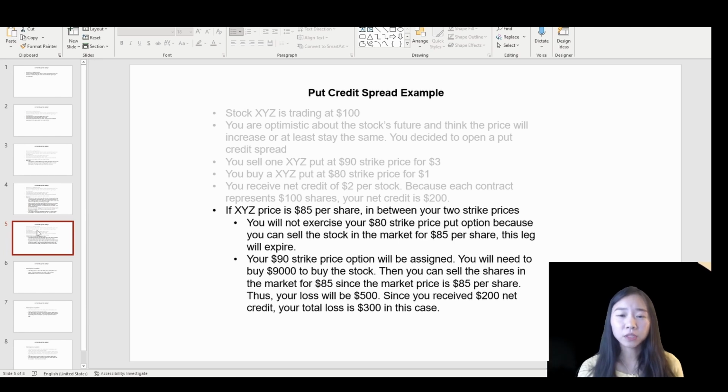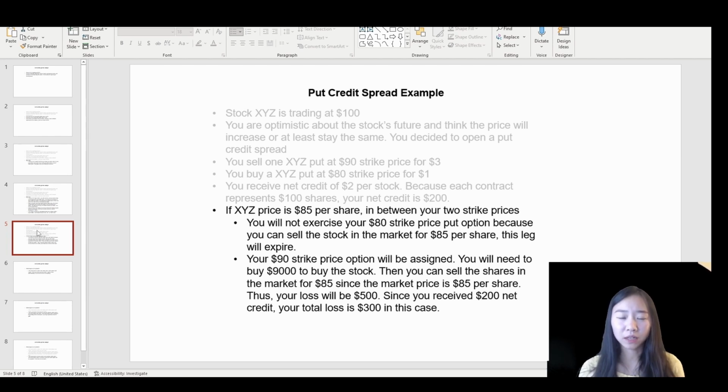For the option that you sold at $90 strike price, this option will be assigned because it's in the money, because the buyer of this contract will exercise the right to sell to you at $90 per share. So in this case, you will pay $9,000 to buy the stocks. You can then sell them in the market, right?